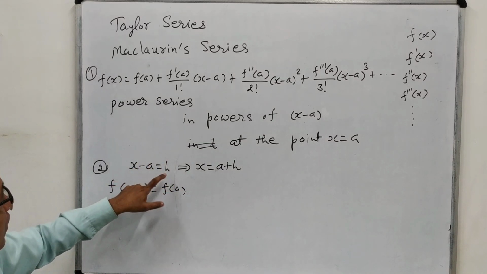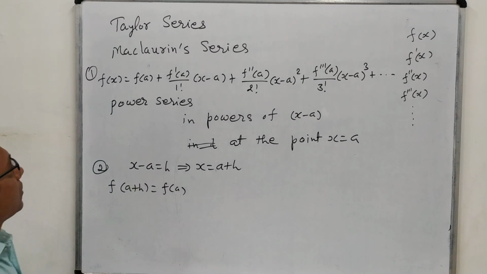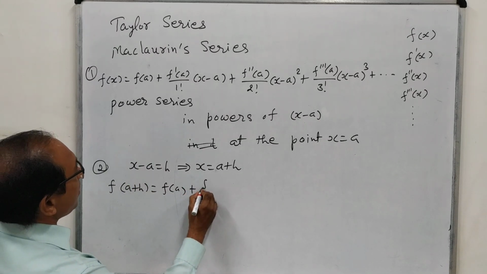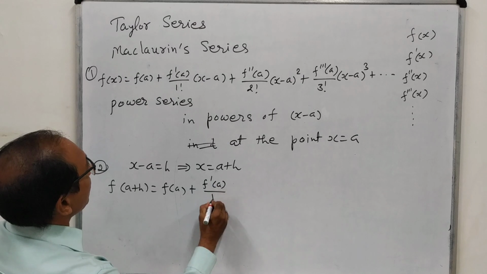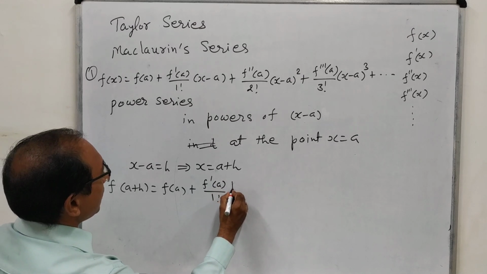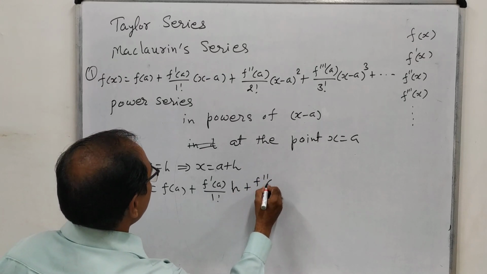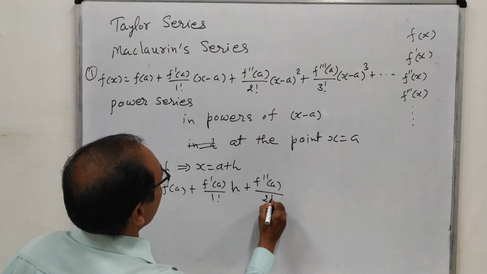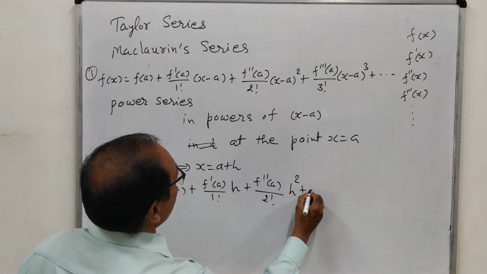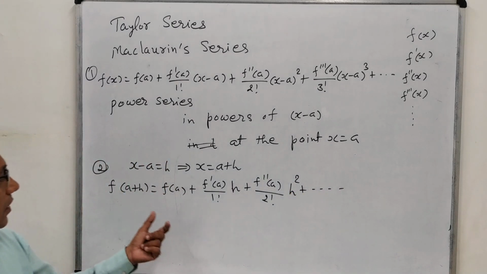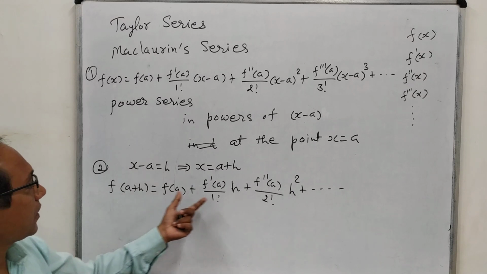So x will be removed and h will enter. So f of a plus f dash a upon 1 factorial into x minus a, that means h, plus f double dash a upon 2 factorial into h square plus dot dot dot. So this is the power series in terms of h.